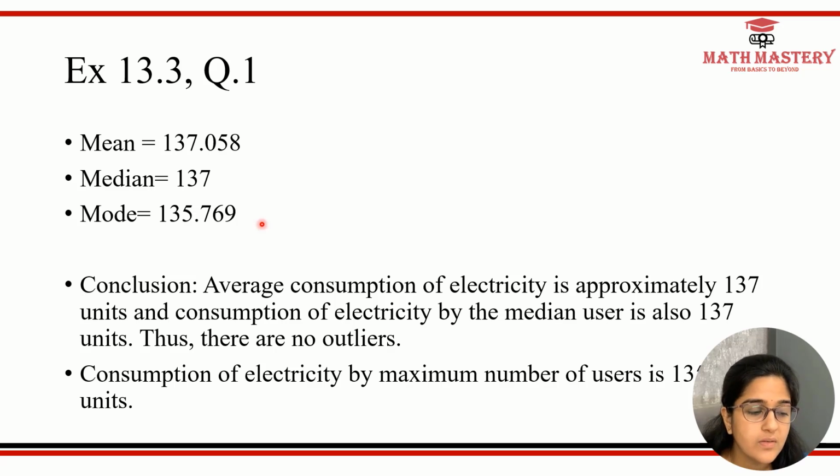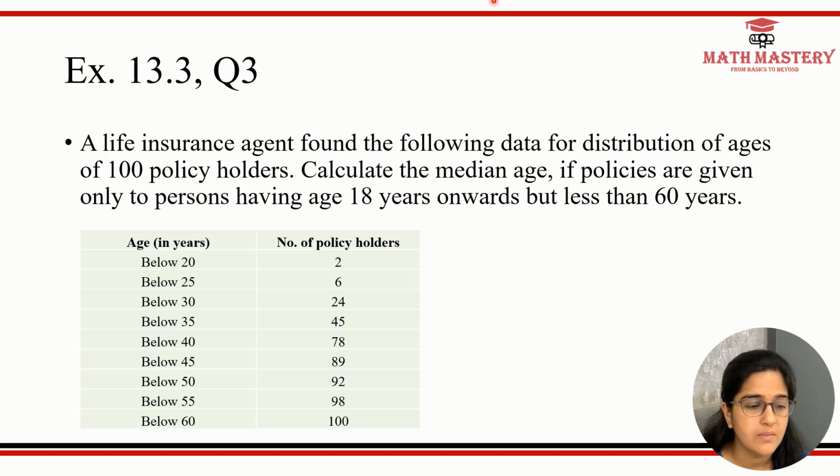Therefore, we conclude that the mean and median are approximately equal to 137, which basically means that there are no outliers. That is why the mean and median are approximately equal, and the mode is 135.769, which means that the consumption of electricity by the maximum number of users is 135.76.